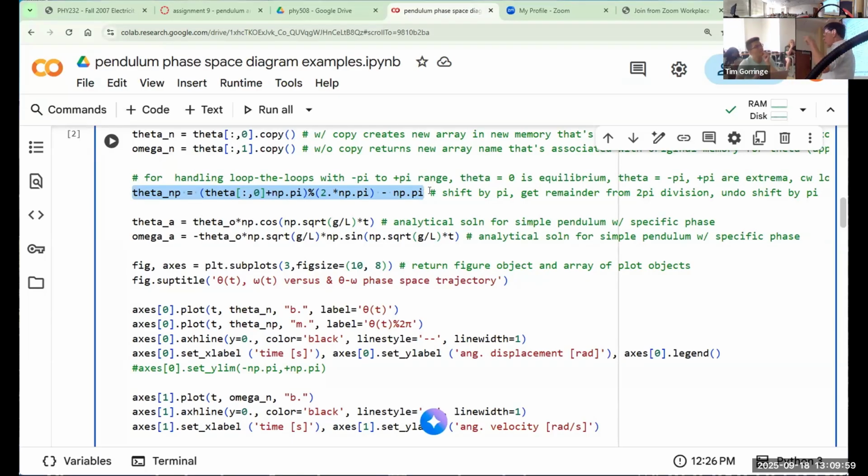If I wanted a third quantity, that was how many loops the pendulum has done, that would be an integer, positive or negative, that would count the number of clockwise or counterclockwise loops. I wouldn't want the remainder here. I would want to just divide here. And the integer would tell me how many positive or negative loops I've done. Okay.